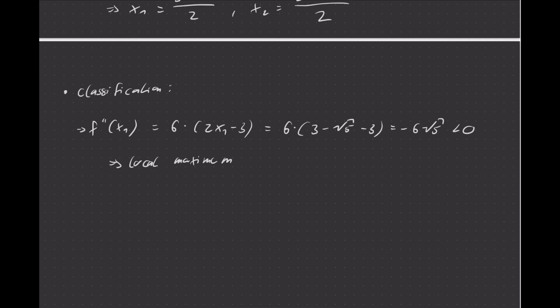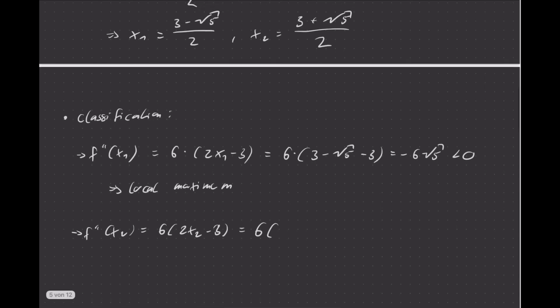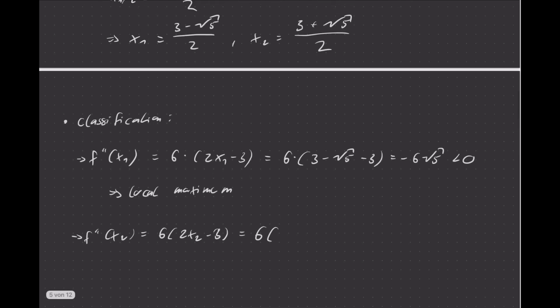And the second one, f double prime of x2, is again 6 times 2x2 minus 3, or 6 times, well, x2 was 3 plus the square root of 5. So what we get here is 3 plus square root of 5 minus 3. So there's 6 square root of 5.